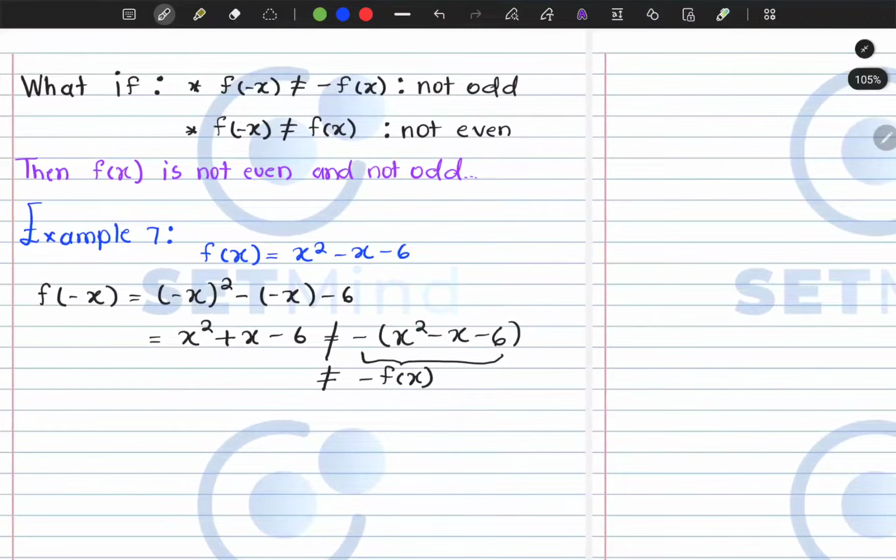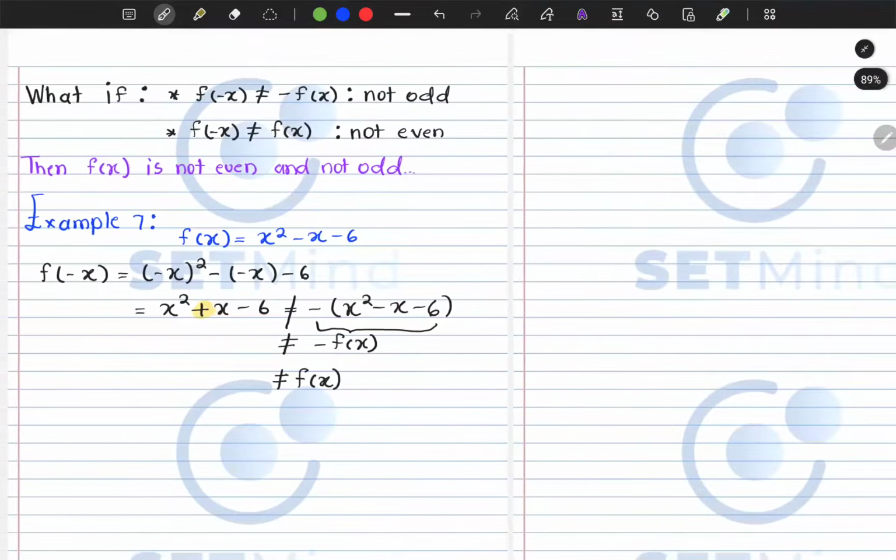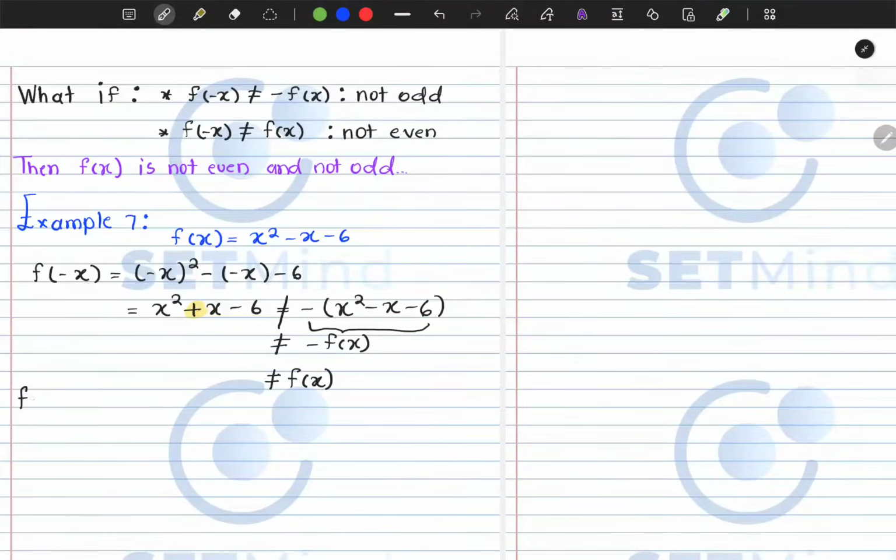That is obvious. And then at the same time, when we look carefully, this function that we now have is also not equal to the original function because of this plus here. It is also not equal to f of x. So as you can see, we can clearly see that our f of minus x is not equal to negative f of x, and our f of negative x is also not equal to f of x.